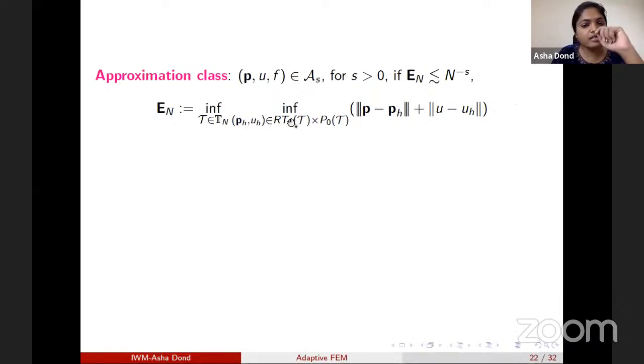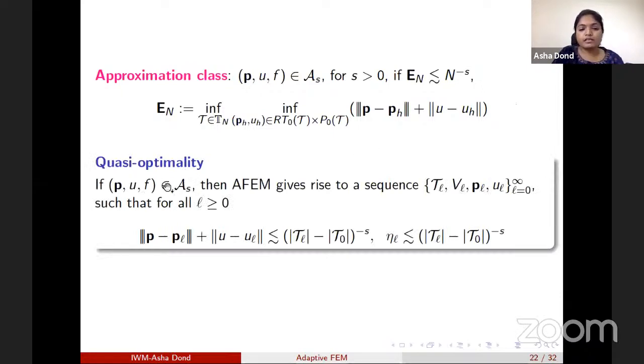This class has the property that if p and u are your exact solution, and the best possible convergence rate is n raised to minus s when the mesh has n degrees of freedom, then our adaptive finite element method also achieves that convergence rate n raised to minus s. This is how we prove the optimality.